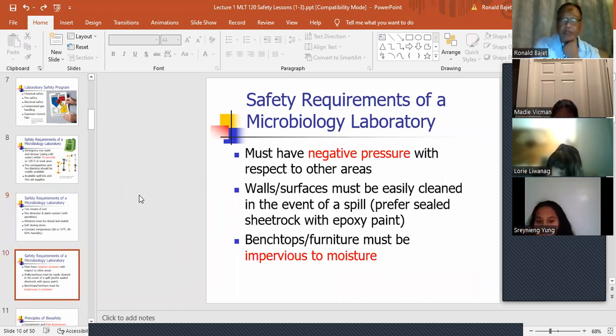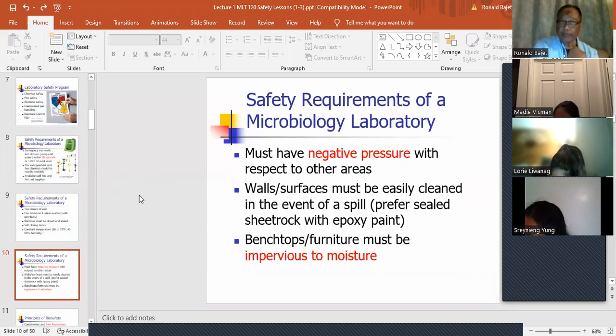Negative pressure. Negative pressure means that the air within your room is being exhausted, meaning it's leaving through a vent rather than air coming into the room. If there's more air coming into the room than going out, that's positive pressure.